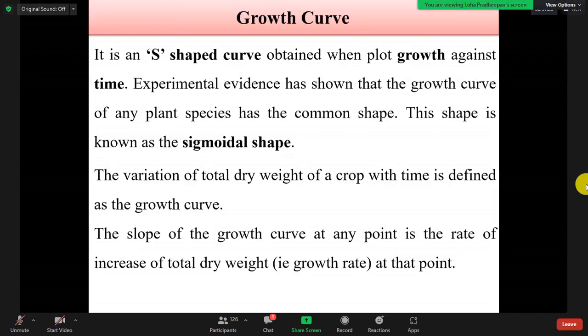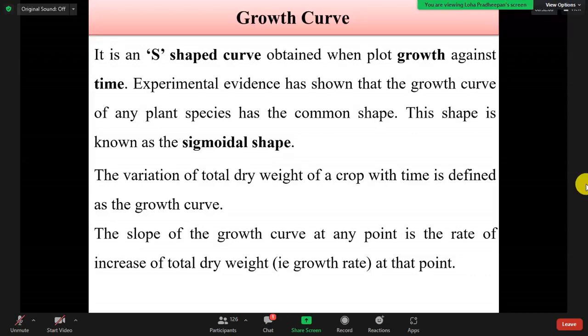If we plot dry weight versus time, we are able to obtain an S-shaped curve for most plant species. That is the common shape, and it is called the sigmoidal shape. The S-shaped graph or curve is called a sigmoidal shape.